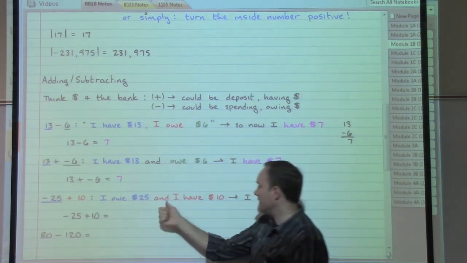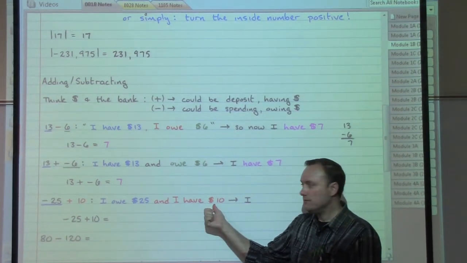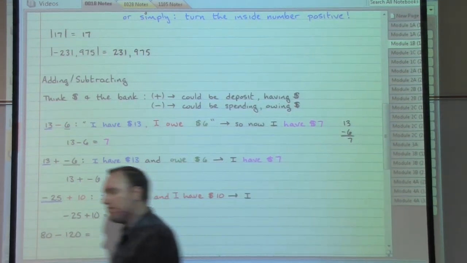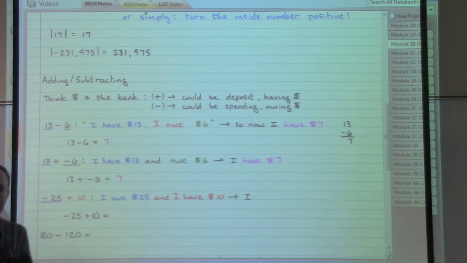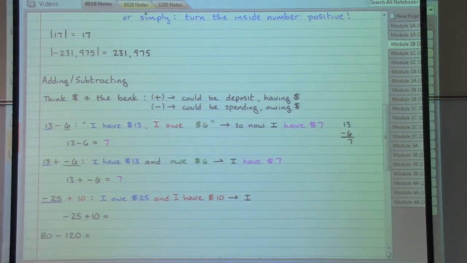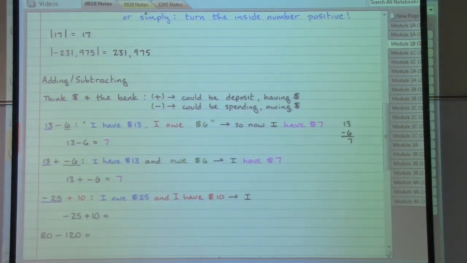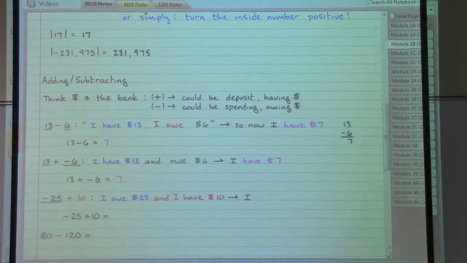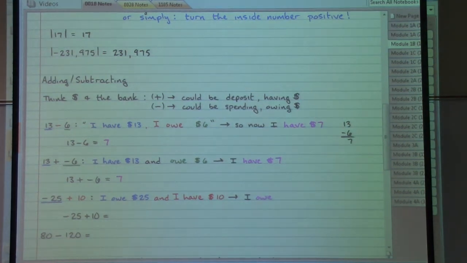Positive numbers meaning that I have money. So I owe 25 and I have $10. Considering my money experience, what this means is that I've been able to pay off some, but not all, of my debt. So I will still owe money.